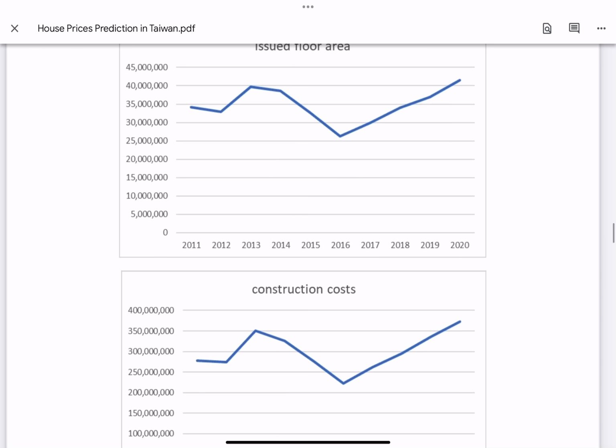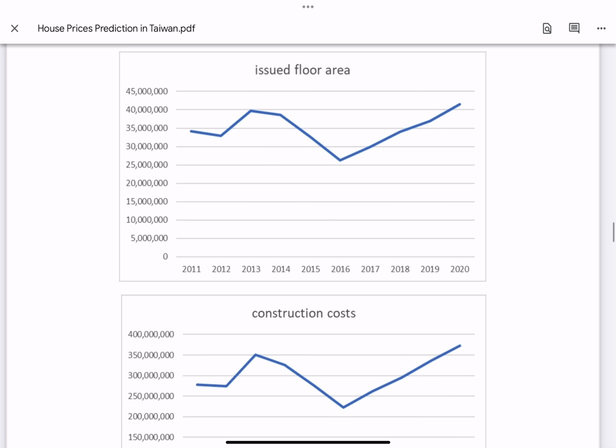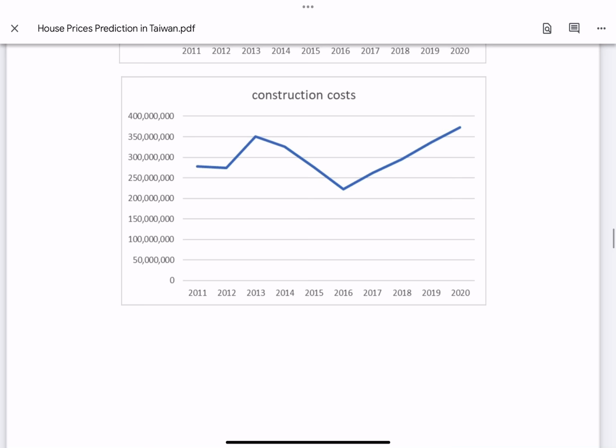And the last 5 years. I can assume that the construction cost is influenced by the issued floor area. If we can build more area, the construction cost would be higher.